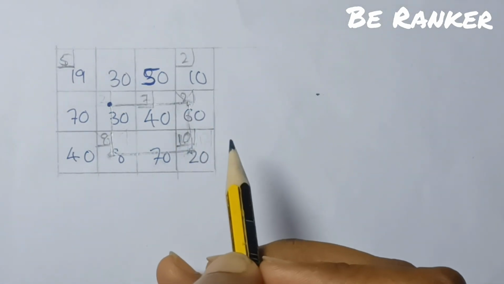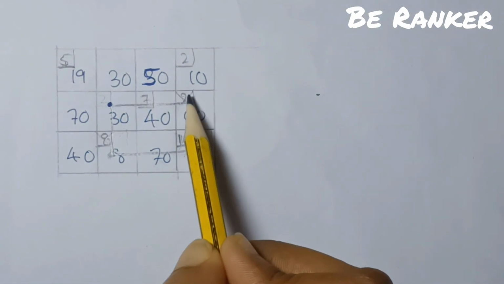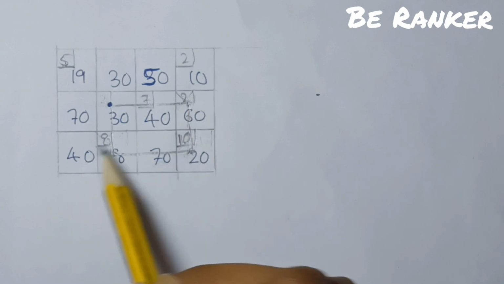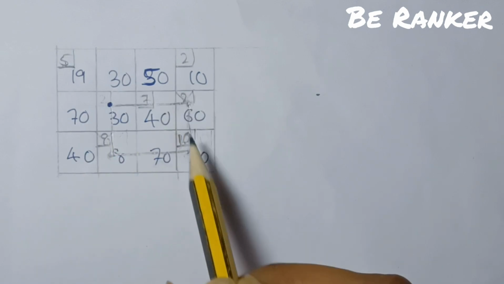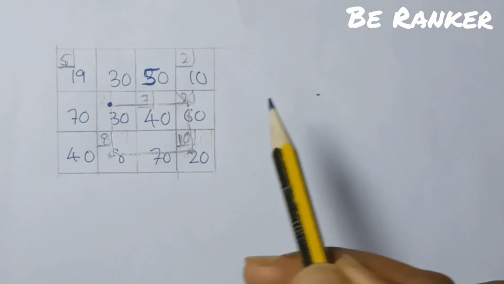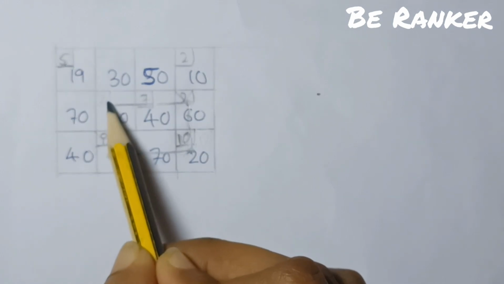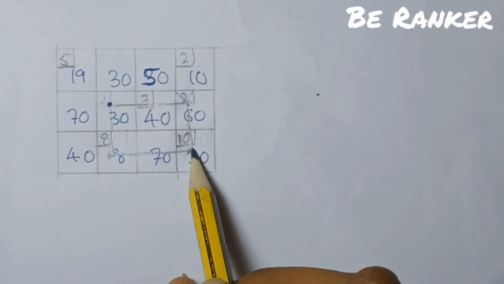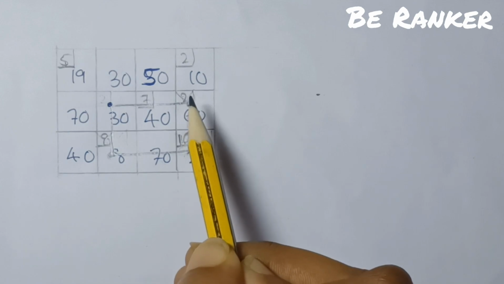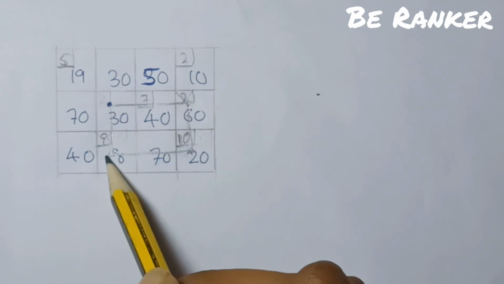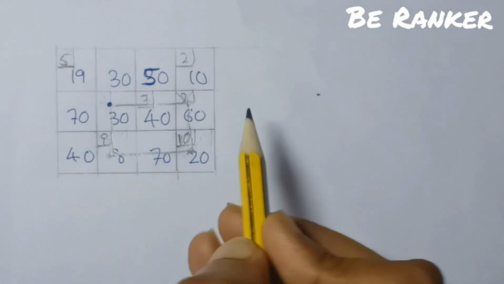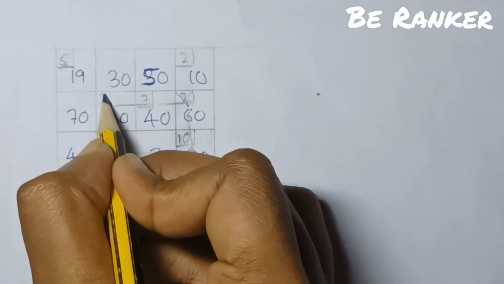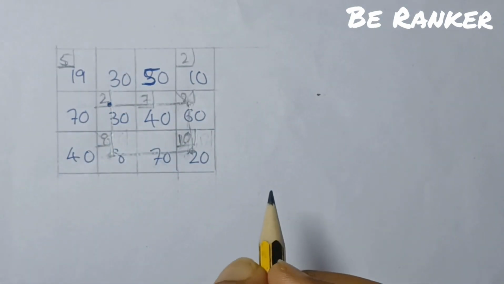Then the next step is to find the minimum allocation in these three, that is 8, 2, 10. The minimum one is 2. Then add this 2 to this cell and the opposite corner, and subtract that 2 from the adjacent corners of the cell. So I add this 2 here, so I allocated 2 here.